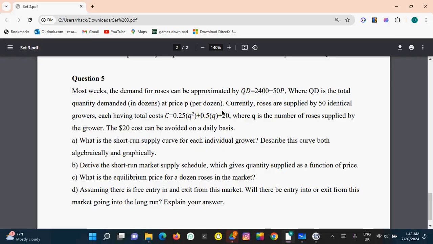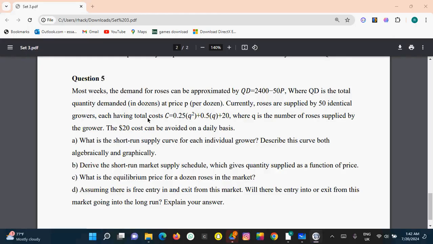The roses are supplied by 50 identical growers, each having total cost of 0.25Q squared plus 0.5Q plus 20, where Q is the number of roses supplied by the grower.